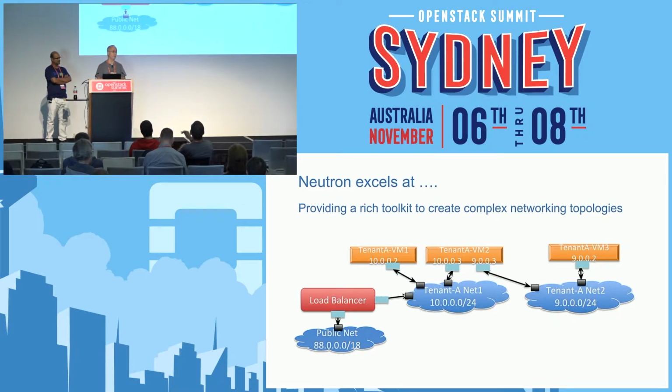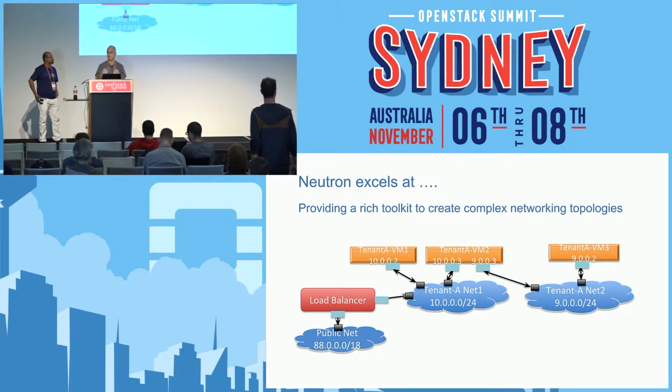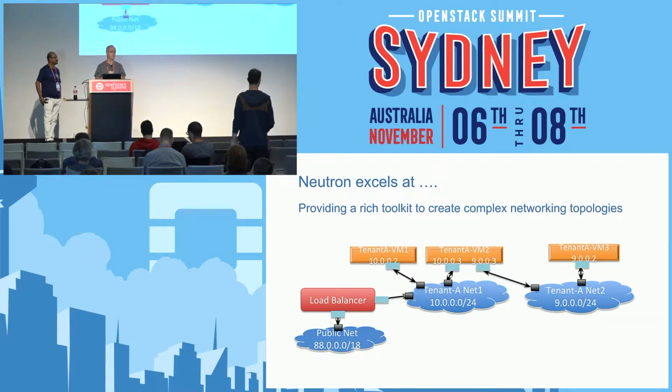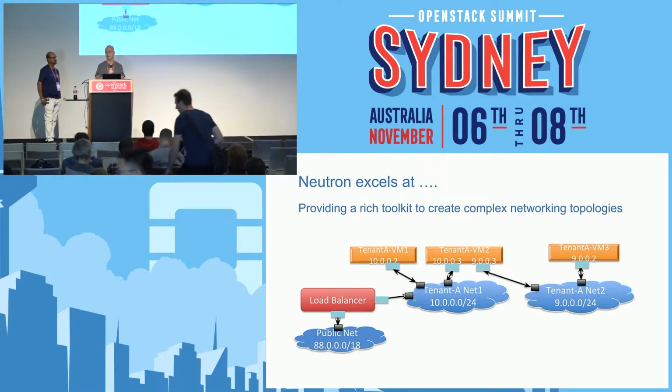Really, one of the motivations of the Neutron project, of the OpenStack networking project, was to enable tenants, enable users to create complex network topologies based on the needs of their applications. And over the years, we've placed a lot of emphasis on that. So essentially, we provide you with a toolkit with different components to create whatever network topology your application requires in the cloud.